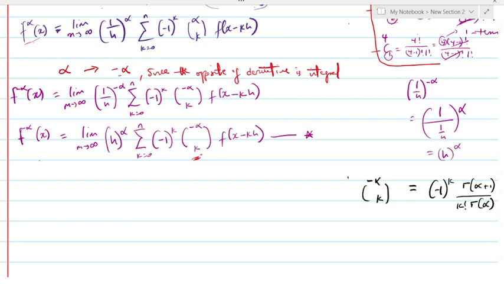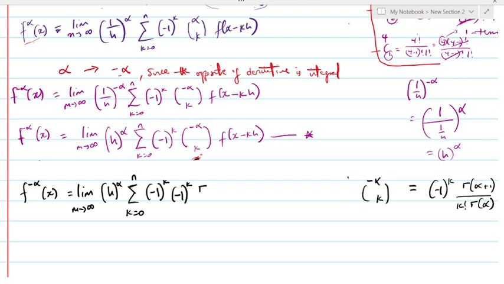We have f of minus alpha of x equal to the limit as n tends to infinity of h to the alpha, summation k equals 0 to n, minus 1 to the k. Then we substitute this here: we have minus 1 raised to power k, gamma alpha plus 1 over k factorial gamma alpha, f of x minus k h.